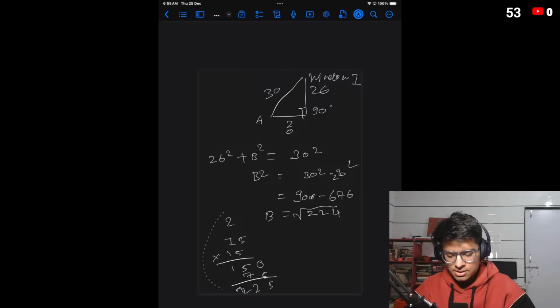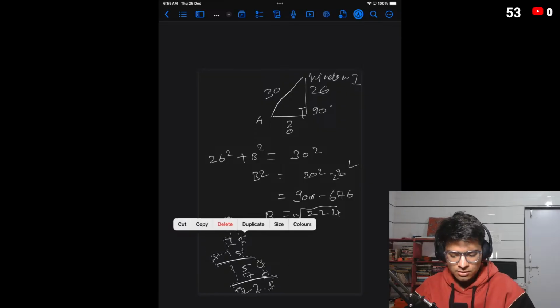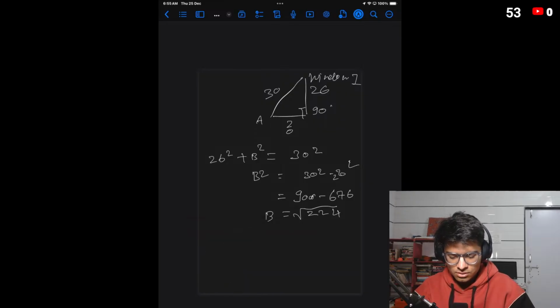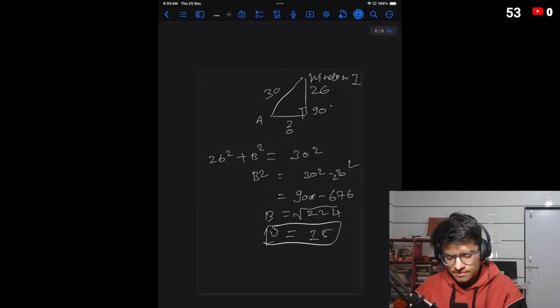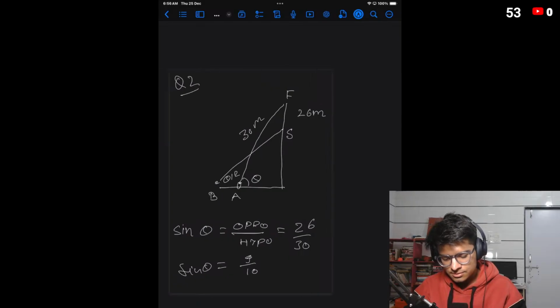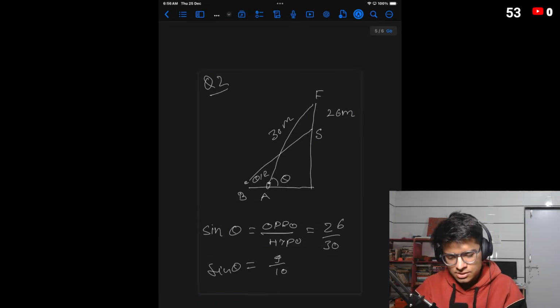So we can say this is nearly 15. Let's call this C. So this is 15.